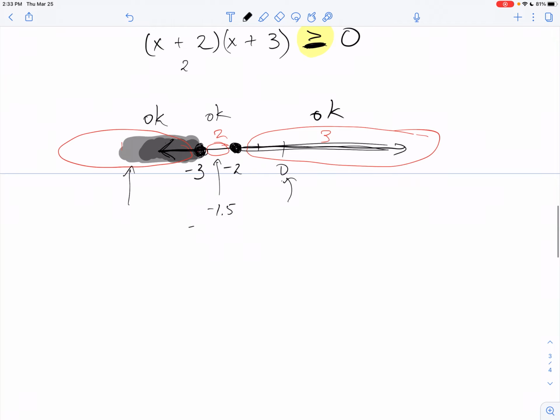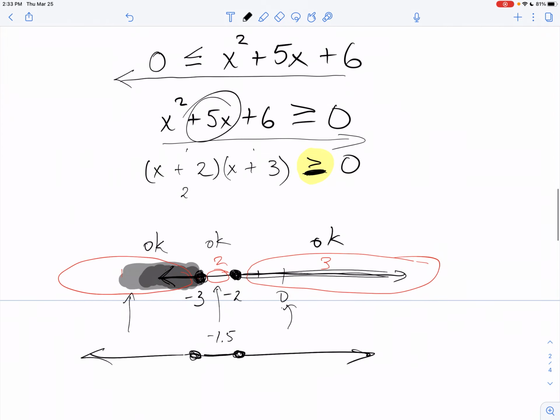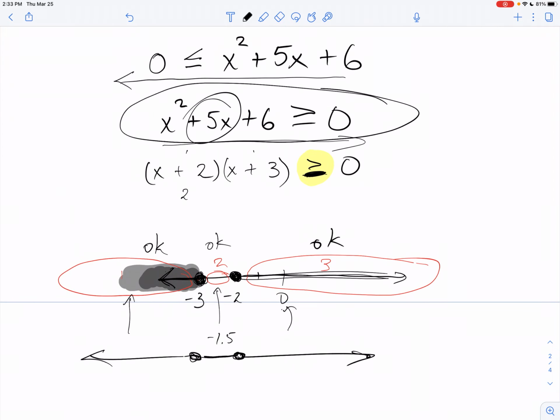Everything that is to the left of that, including that, everything between it and that, and everything, what? No matter what number I pick on the number line, I get a true statement for this inequality. No matter what number I pick.